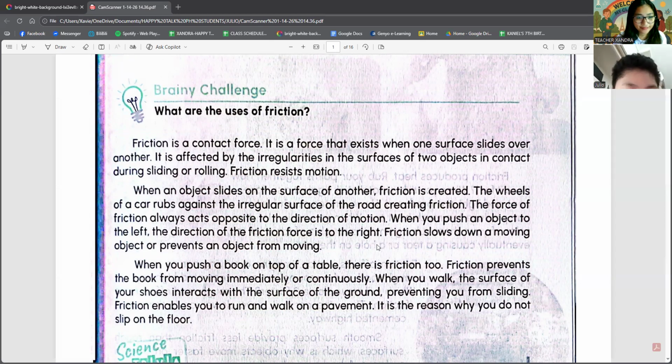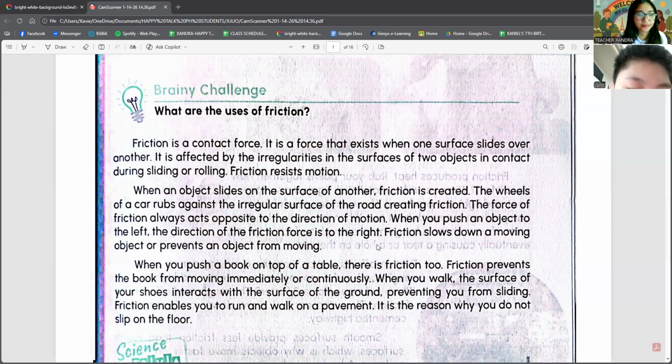Friction is a contact force. It is a force that exists when one surface slides over another. It is affected by the irregularities in the surfaces of two objects in contact during sliding or rolling. Friction resists motion.